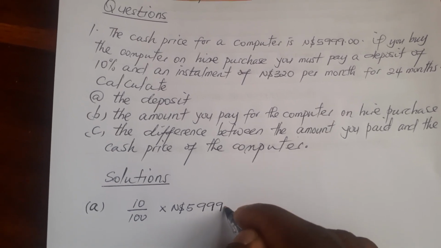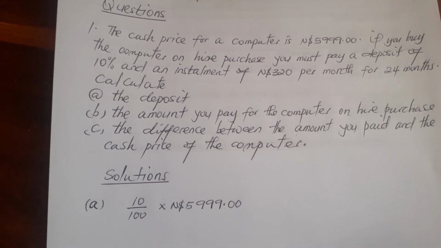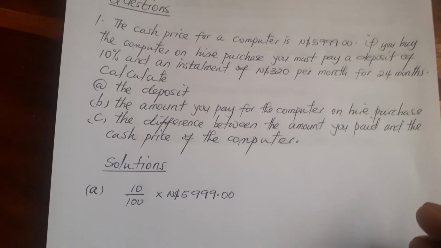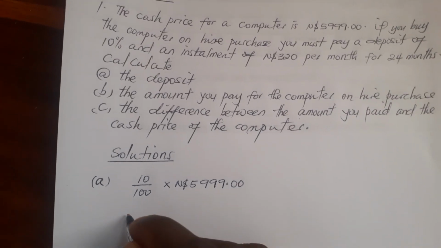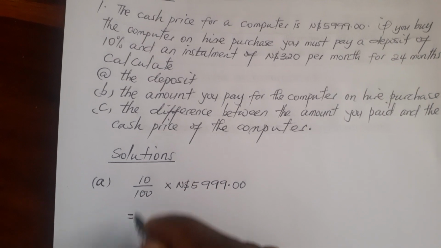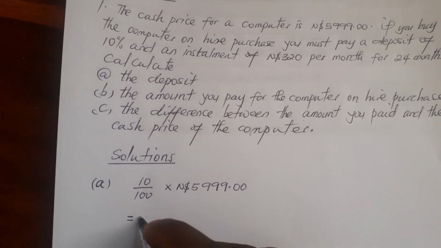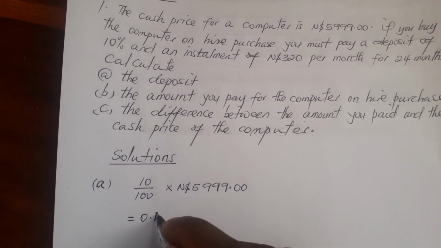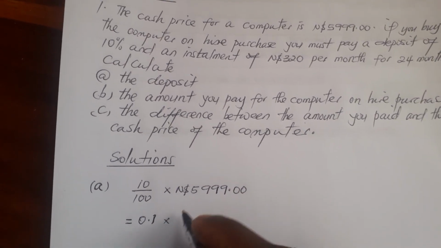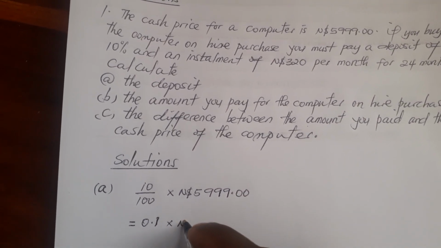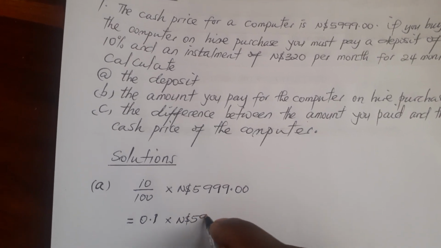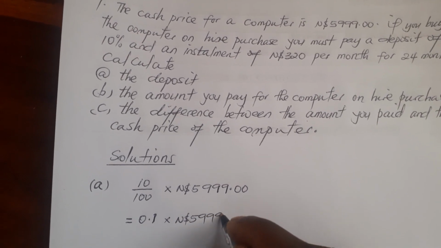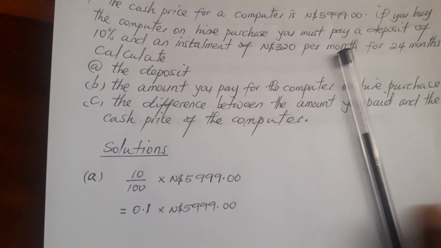And remember, when it comes to money, always do 2 decimal places. Now this is basically 0.1, you multiply that by 5,999.